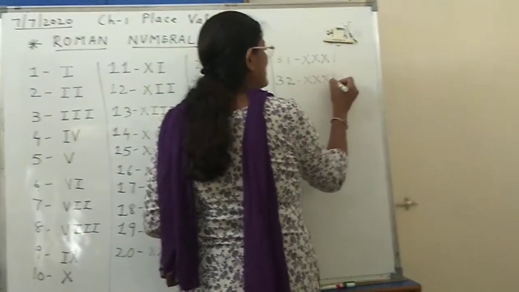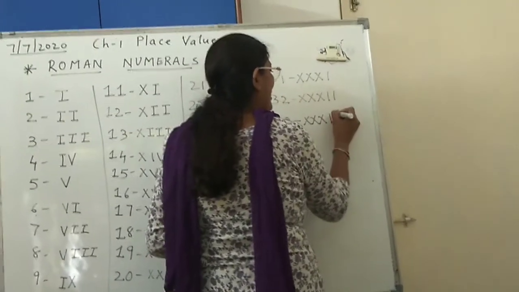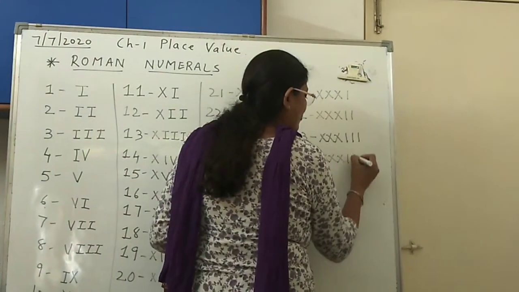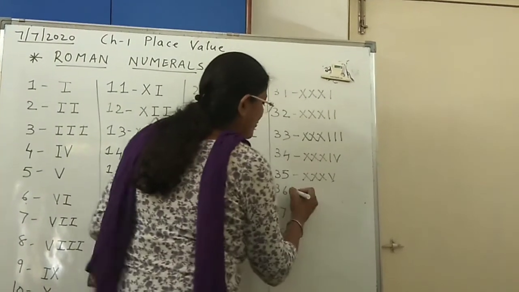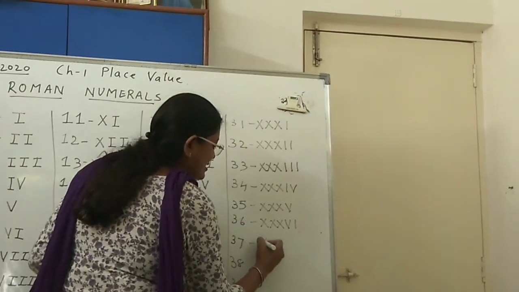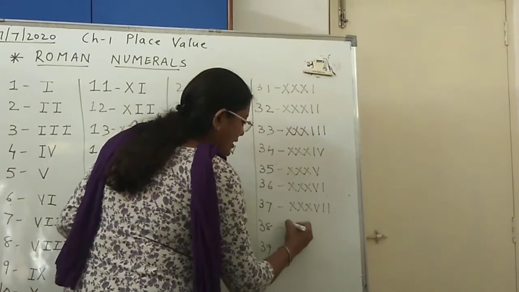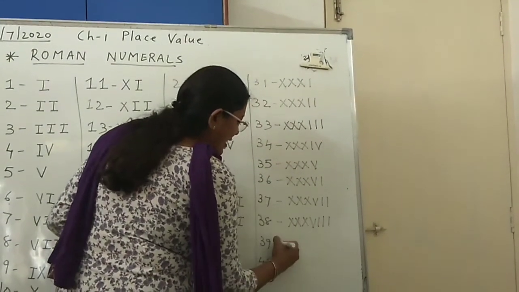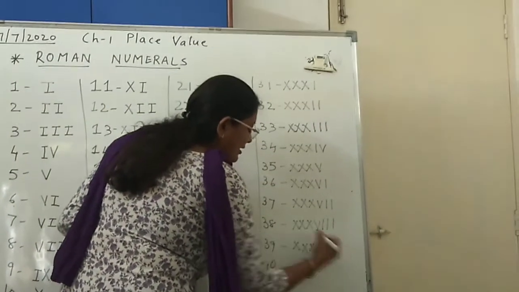XXXII 32. XXXIII 33. XXXIV 34. XXXV 35. XXXVI 36. XXXVII 37. XXXVIII 38. XXXIX 39.